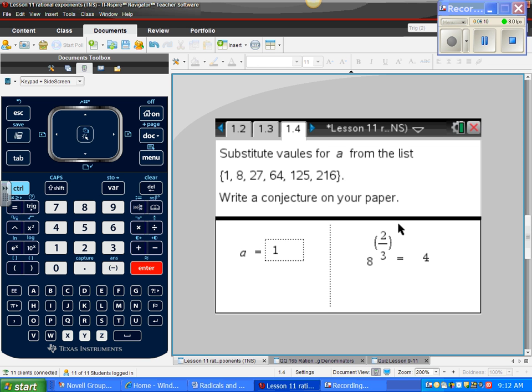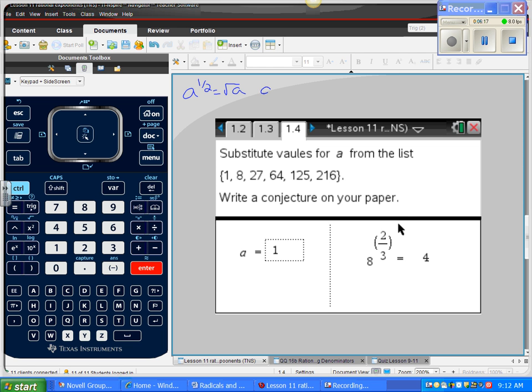Okay. Now, we just got done talking about the first two, right? We said the square root was to the 1/2, right? We said 1/3 became the cube root. So what's a to the 2/3? Okay. So what we did is we took my value and we squared it, and then we took the cube root. All right.